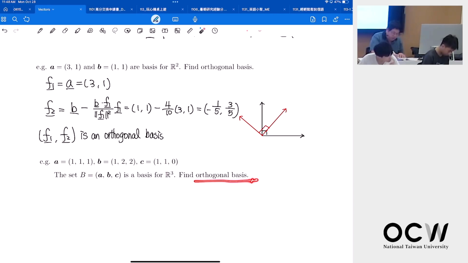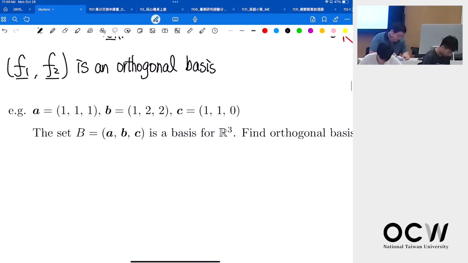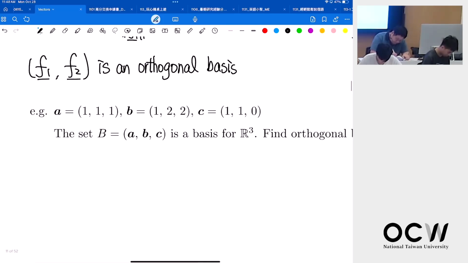So first we can choose a vector as our F1. You can choose B or C, it doesn't matter. But if you choose B or C, then finally your answer will be different.